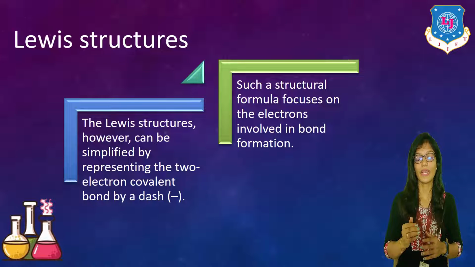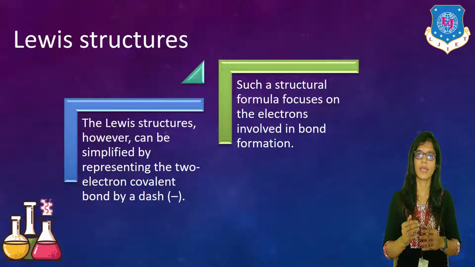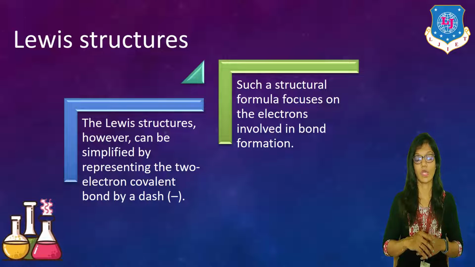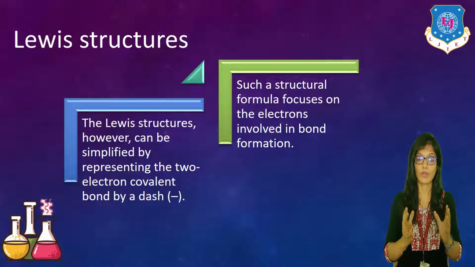Right? How many electrons are involved in bond formation, plus how many electrons are transferred from one atom to another atom. So we can get to know which electrons are free currently and which electrons are taking part in the bond, or are responsible for the bonding of that atom, for the formation of that particular compound.